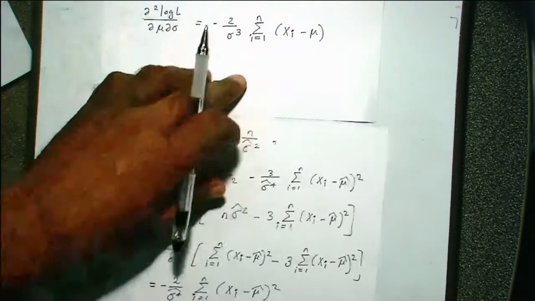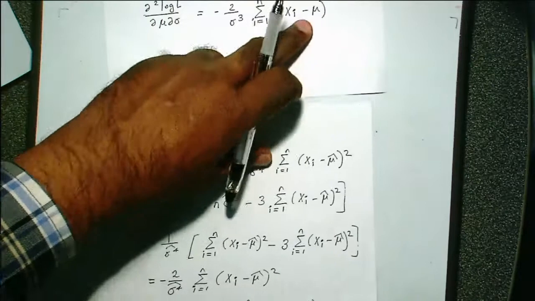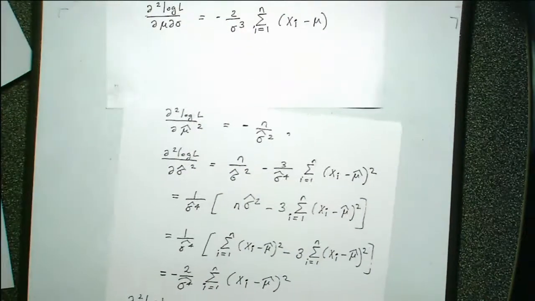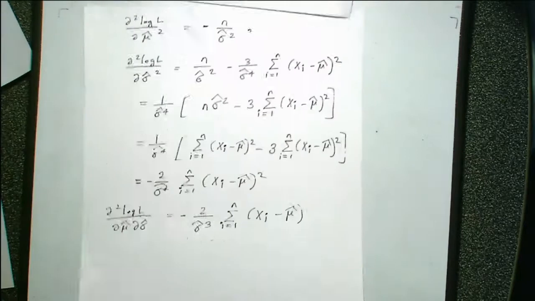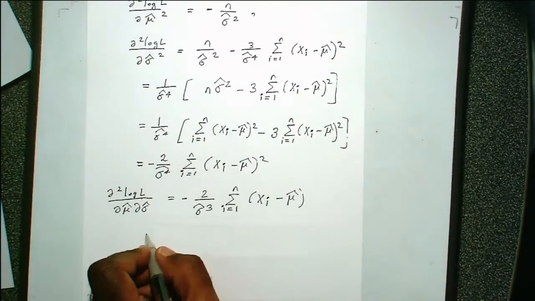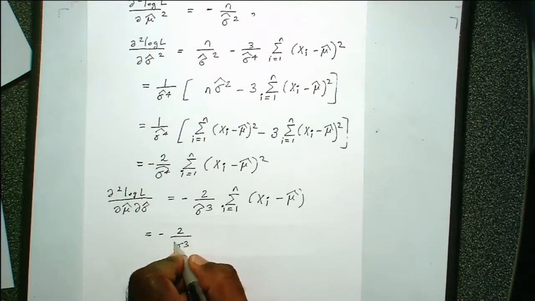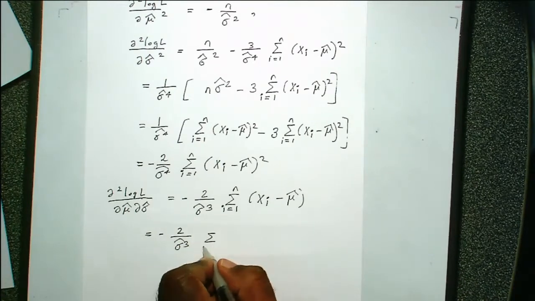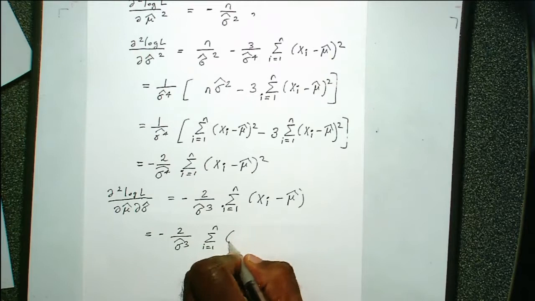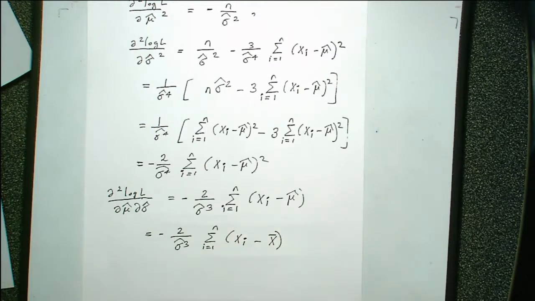Now you can see it. This is the mixed partial derivative. So you should replace mu by mu hat and sigma by sigma hat. You will get this. Now, we know that mu hat is equal to x bar.